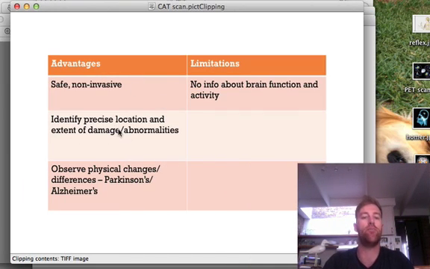You can identify precise locations and damage, because it's like an X-ray. You can observe changes and differences. So if you take a CAT scan when someone's 20 and another when they're 30, and there's been some sort of damage or degenerative disease, you can see that, the same way you can with an X-ray. It's like a really cool X-ray of the brain, the CAT scan. And at the time, it was very, very important.